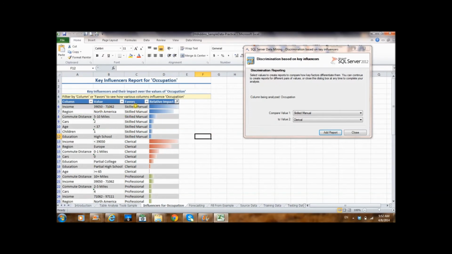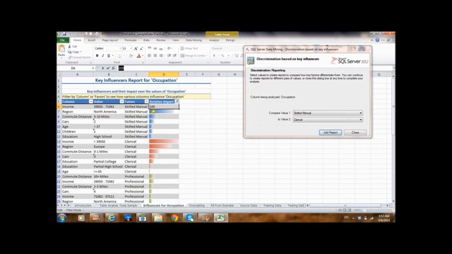For example, first is skilled manual. For the skilled manual type of job, the most influencing factor is an income level of $39,000 to $71,000, and the least affecting factor is children. You can actually see the numbers here. The most influential factor has a value of 100, and a factor giving almost no impact would have a 0.